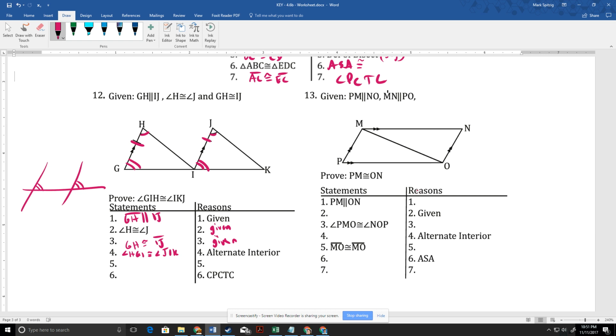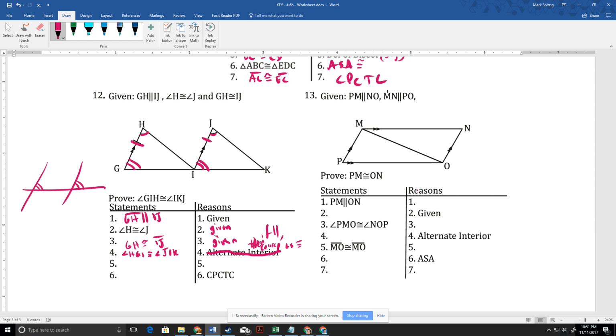In other words, those aren't alternate interior. And I think I mentioned this in class, that those aren't alternate interior angles, those are corresponding angles. So if the lines are parallel, then corresponding angles are congruent. A lot of room in there. All right.